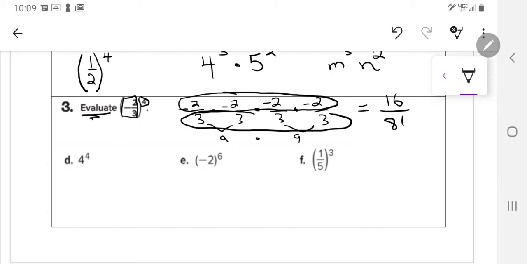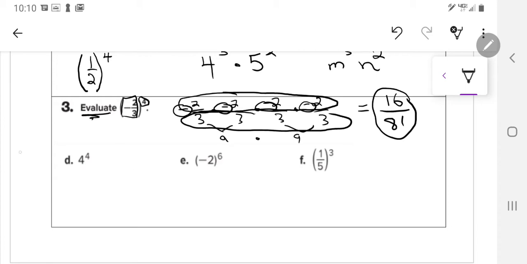You might remember from the past that if you have an even number of negatives, and that's 4 negatives right there, that are being multiplied, then you get a positive answer. If you have an odd number of negatives, which we do not in this case, it's going to be negative. So this is going to be a positive answer, so that is what we get when we evaluate that original expression, negative 2/3 to the 4th power. Now go ahead and do the got its.